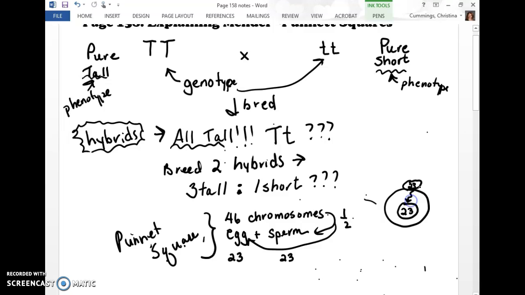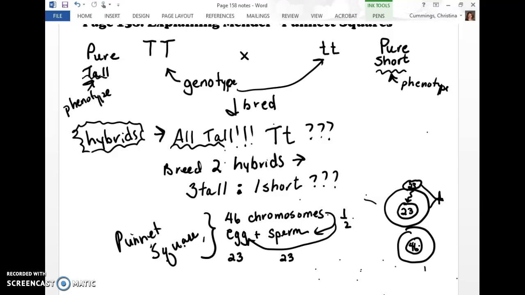That makes its way down to the nucleus of the egg cell, and those two nuclei come together. 23 plus 23 equal a total of 46 in the very first cell of an organism. And then that cell duplicates and gives each of its offspring 46 chromosomes.